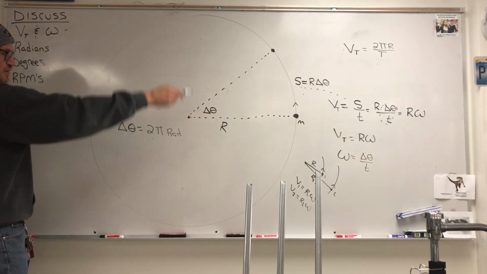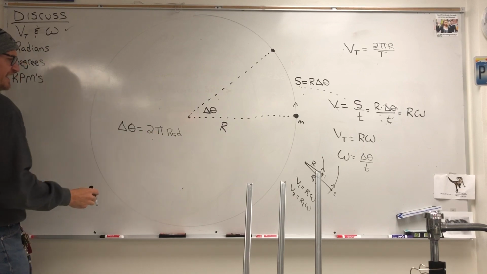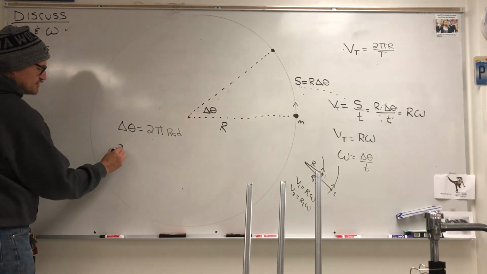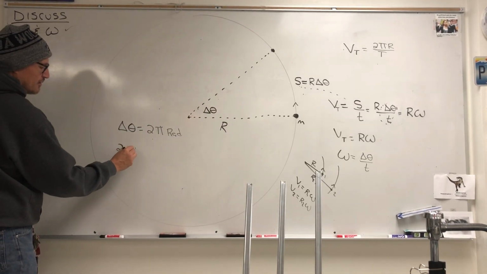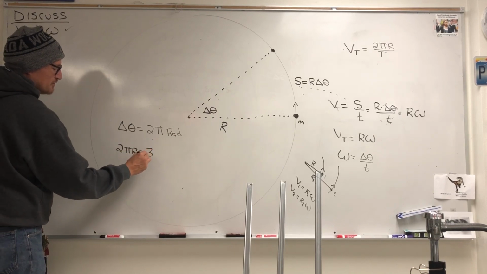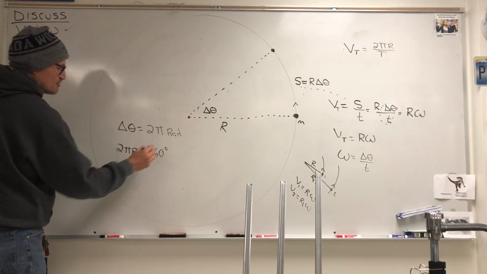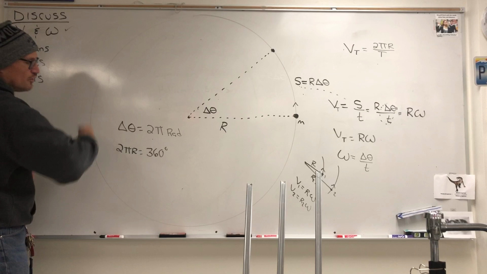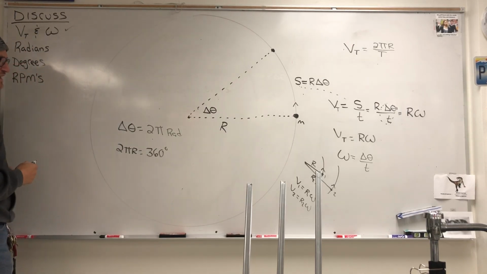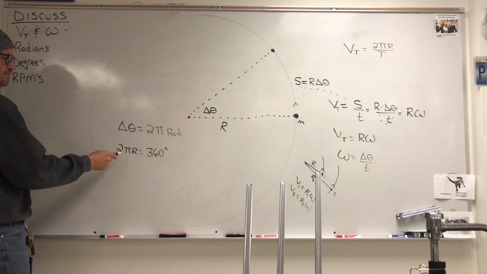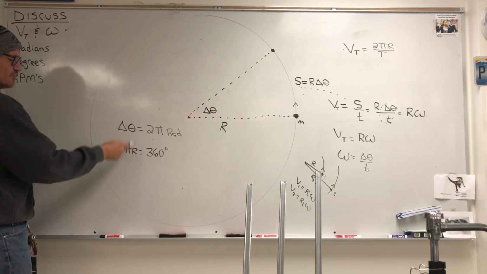That's once around. And 2 pi radians is also equal to 360 degrees. That's to go all the way around.